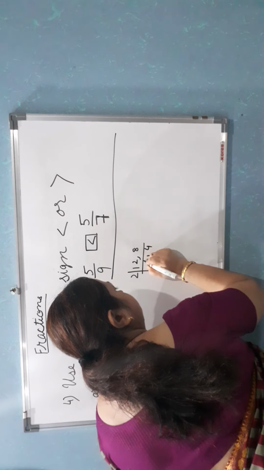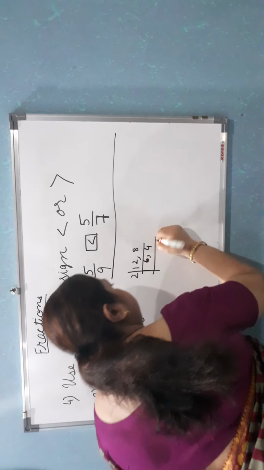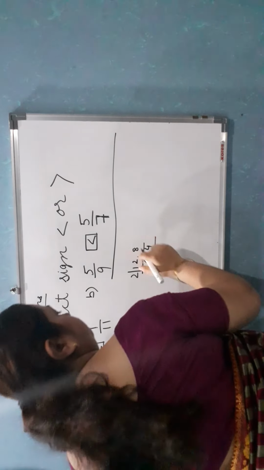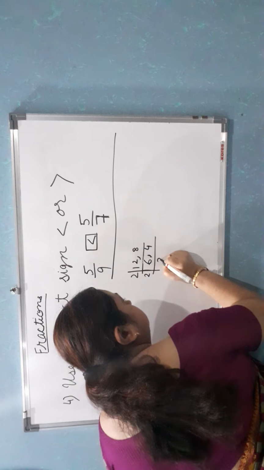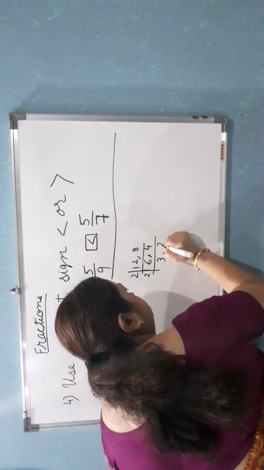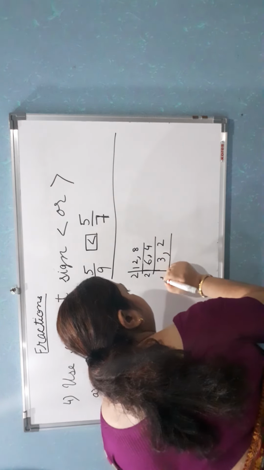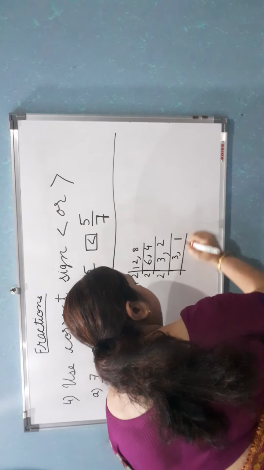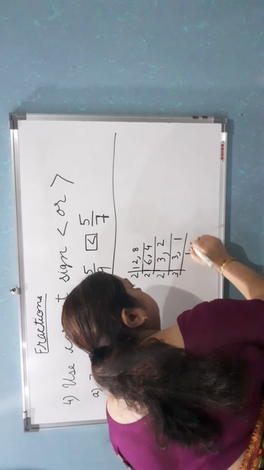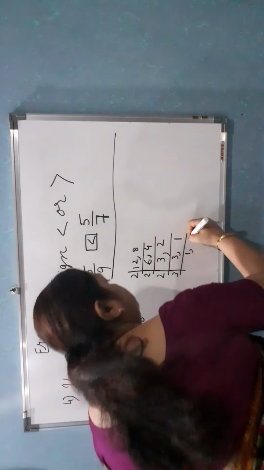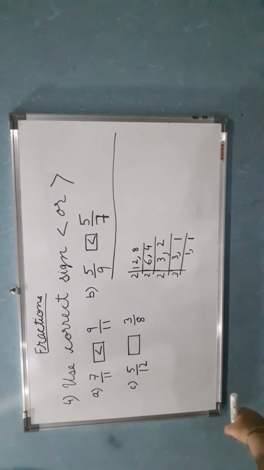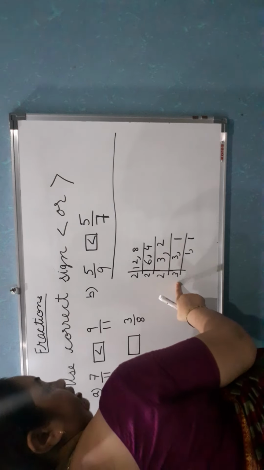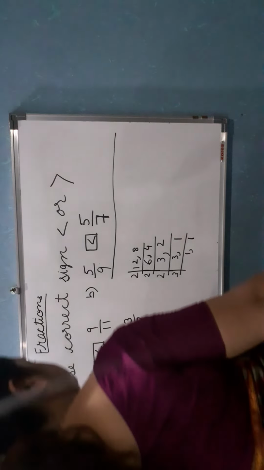It's 2, 4. Okay, 2 6s are 12, 2 4s are 8. Then 2 3s are 6, 2 2s are 4. Again 2. Okay, now what will be the LCM of 12 and 8? 2 into 2 is 4, 4 into 2 is 8, 8 into 3 is 24.